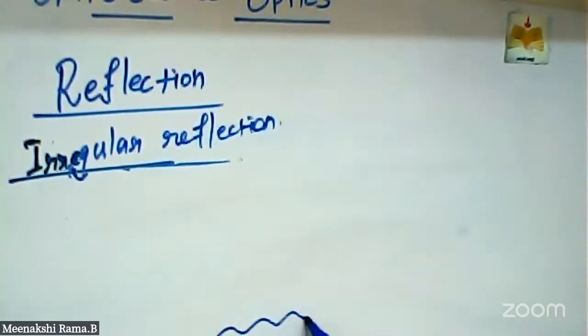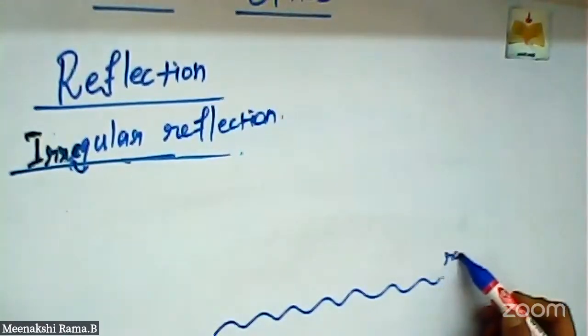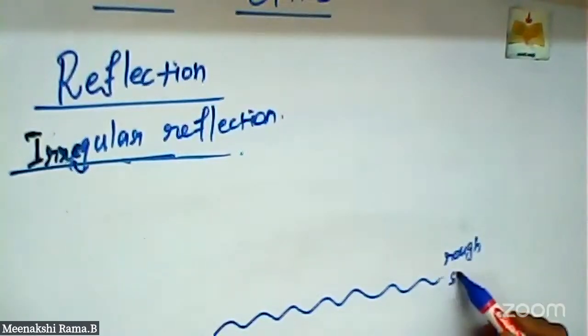The body is not smooth. It is rough and not a regular surface, like a normal tar road. So this is an irregular or rough surface, not a smooth surface.